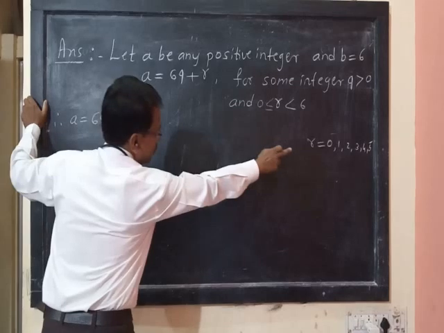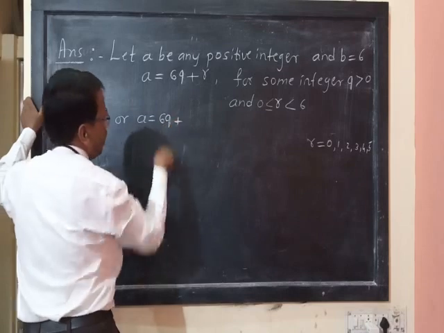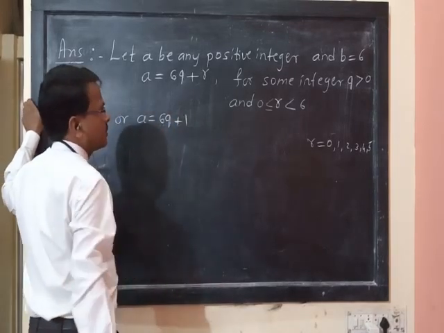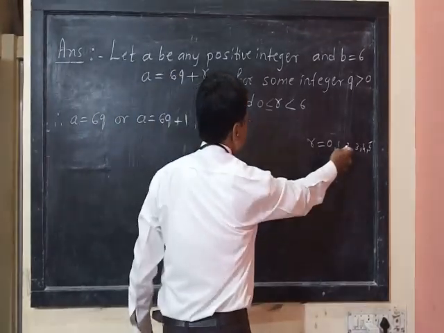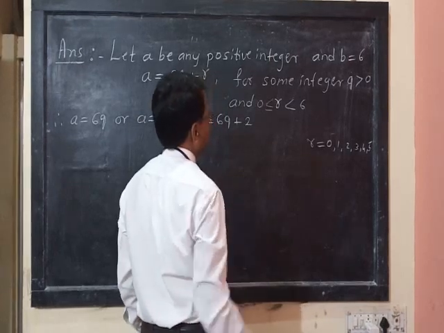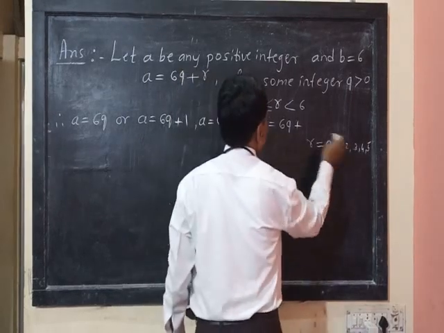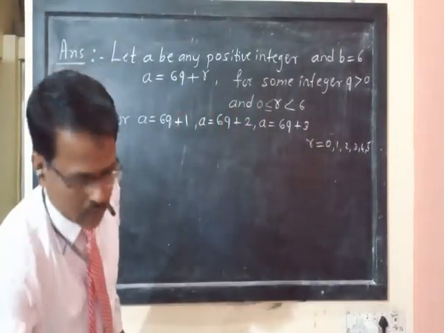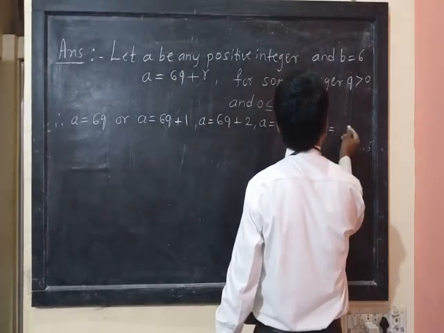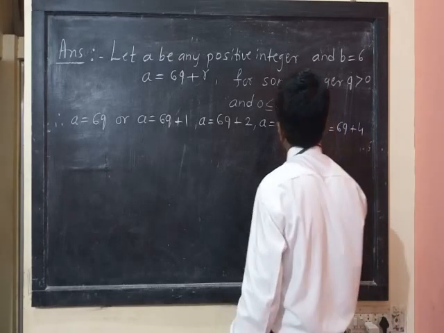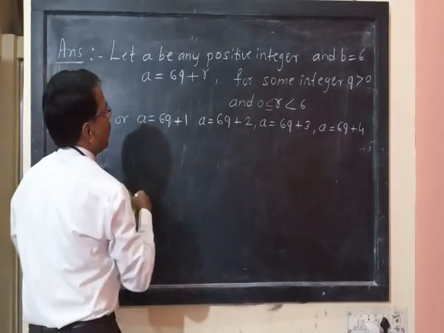So possible values for a are a equal to 6q when remainder is 0, or a equal to 6q plus 1 if remainder is 1, 6q plus 2 if remainder is 2, 6q plus 3 if remainder is 3, or 6q plus 4 when remainder is 4. Here r should come.